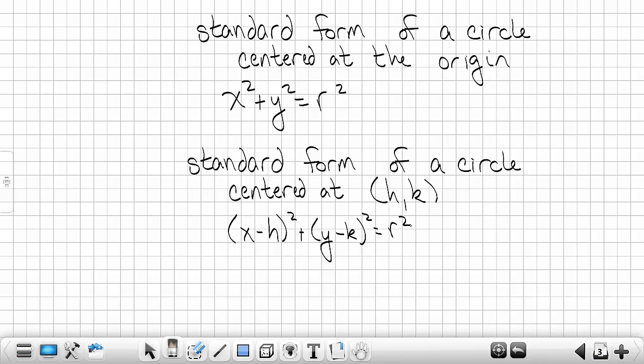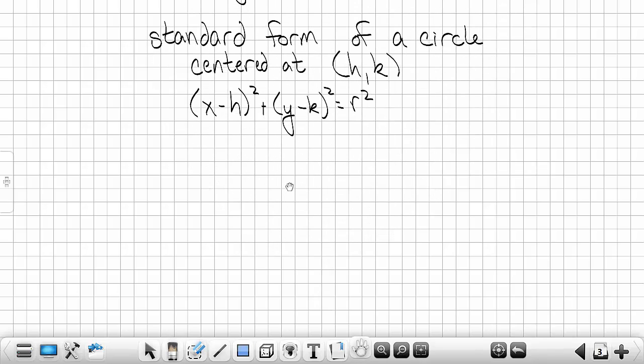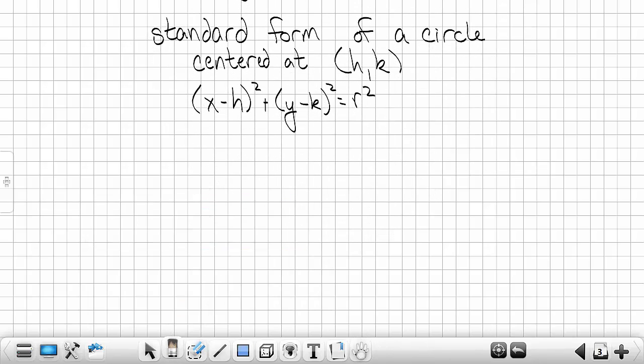Bueno? Let's get the first example in. According to your note page, write the equation of a circle centered at (3, negative 2) with radius 6.